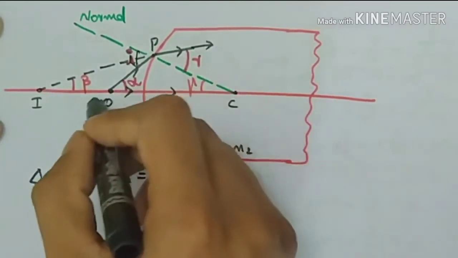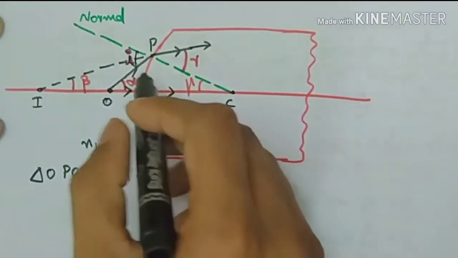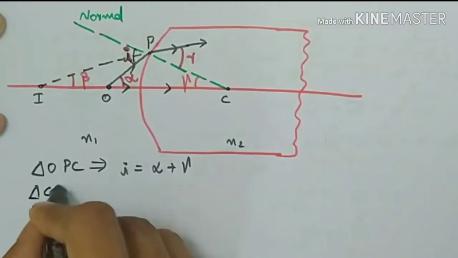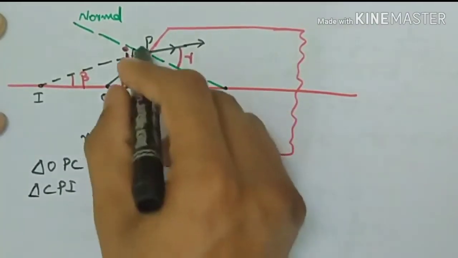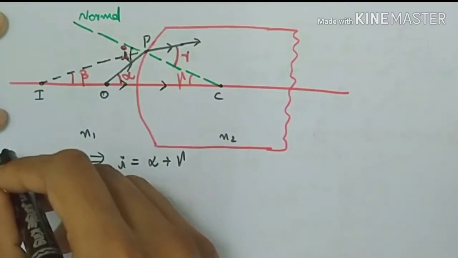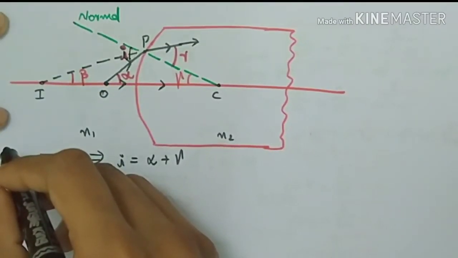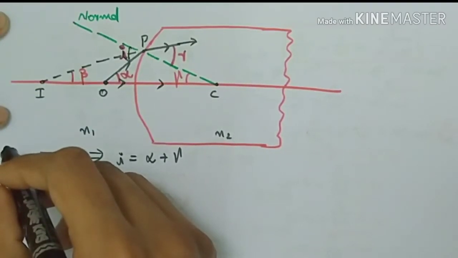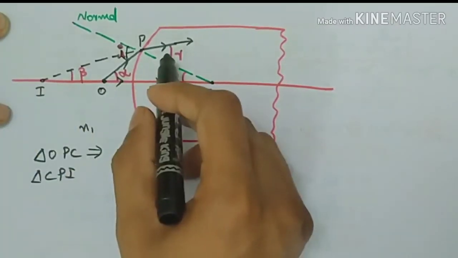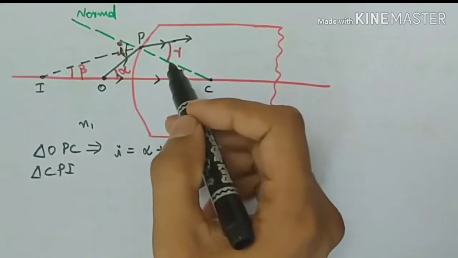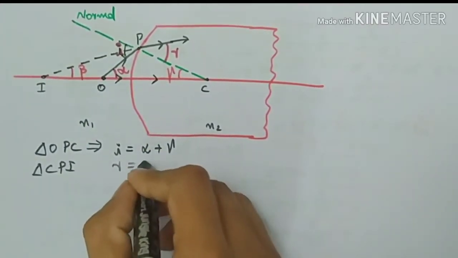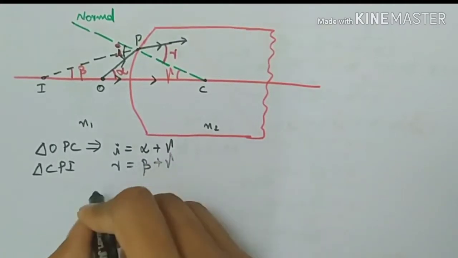Then from the next triangle, CPI, the exterior angle is R. R is equal to beta plus gamma. Therefore, R is equal to beta plus gamma.